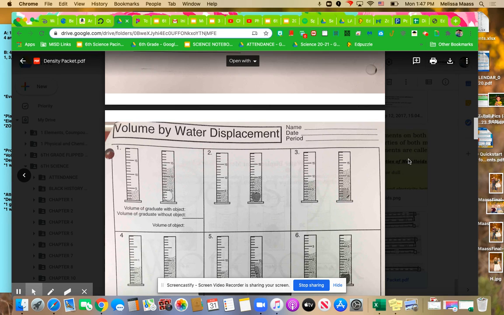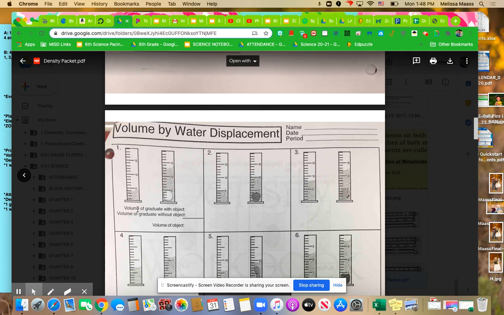Yeah, that's a good example of volume. Another one could be a bathtub filled up with water, and you got in it and sat down. Then the water rose up because your body took up space. Those ice cubes took up space in the cup, so therefore that water was displaced, and that's volume.